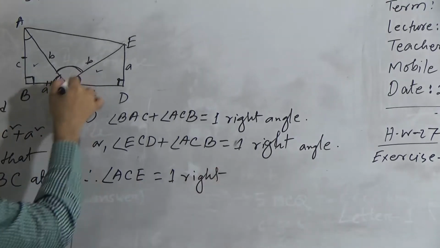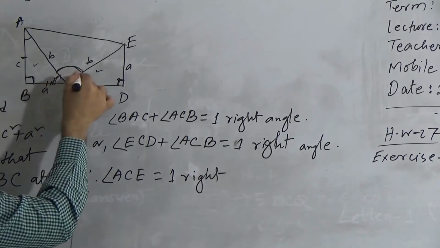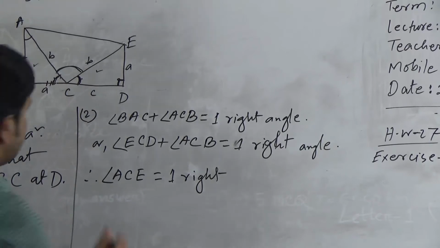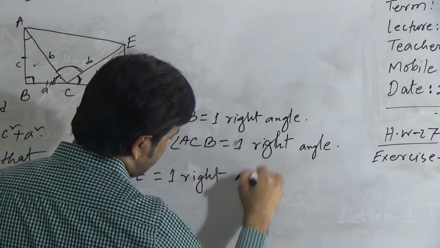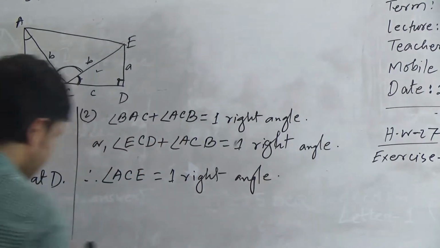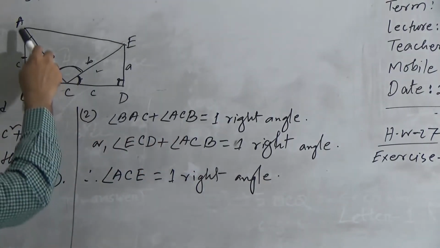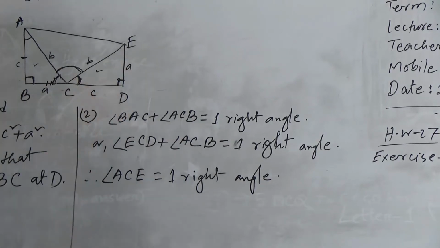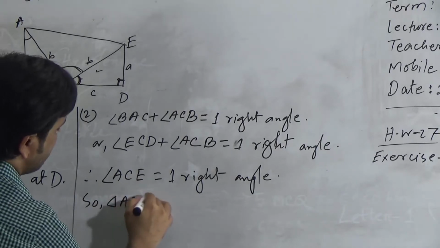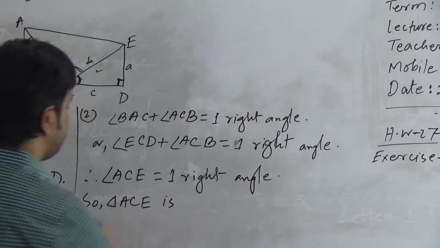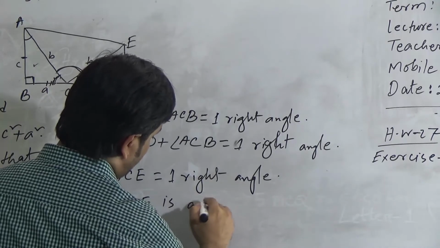What does it mean? It means that triangle ACE is a right angle triangle whose angle ACE is one right angle.